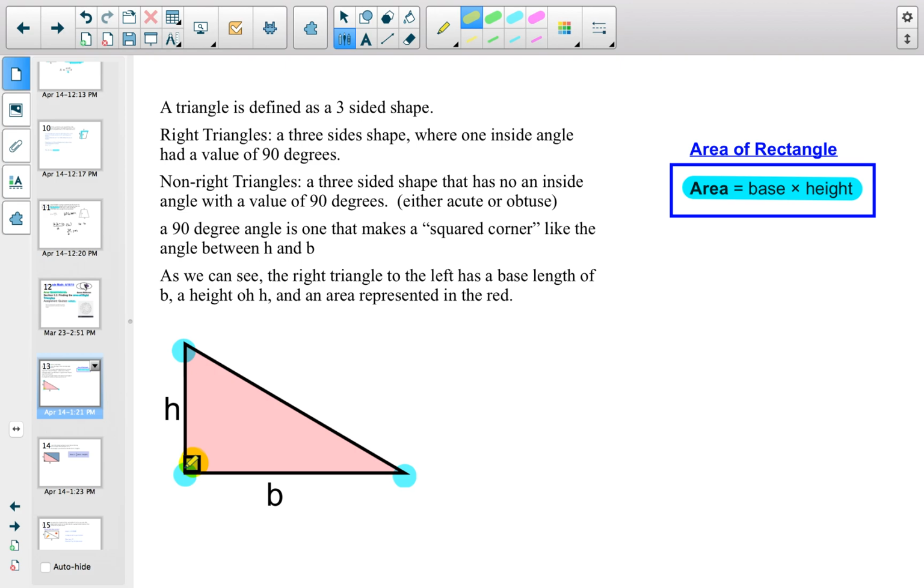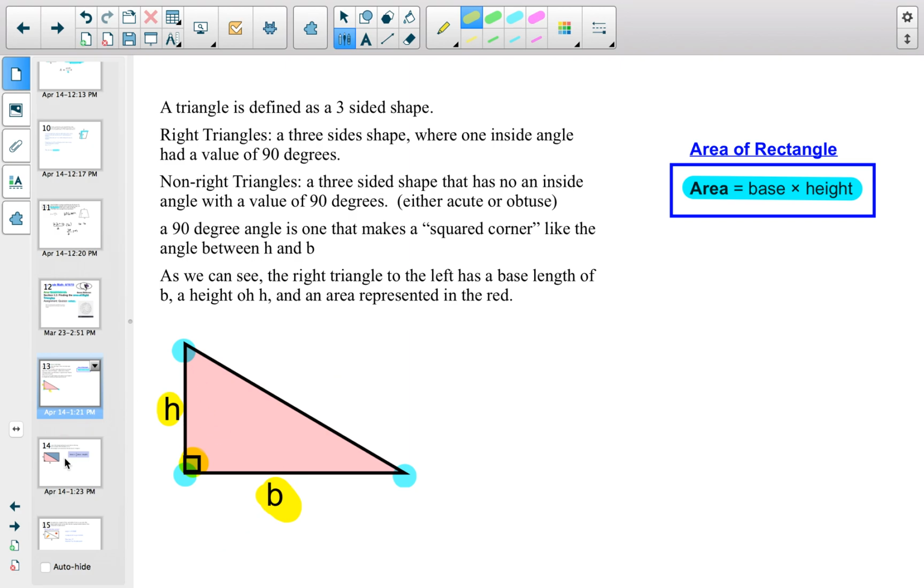As we see, the right triangle to the left has a base length B and a height of H. And this long leg right here is called the hypotenuse, but we're not going to worry about that for finding the area. So we have a base and a height.